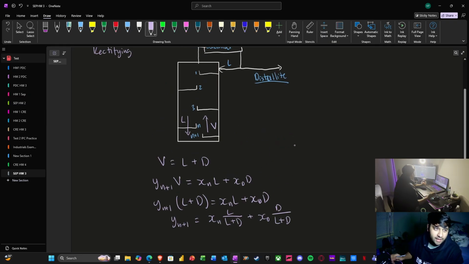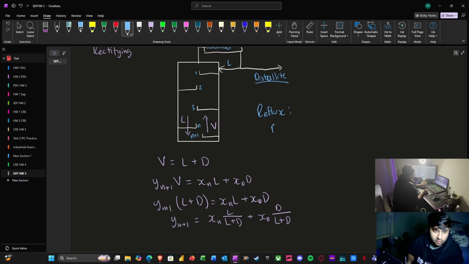Now, a factor that we want to put in is reflux. This is basically what's accounted for out of the distillation tower.